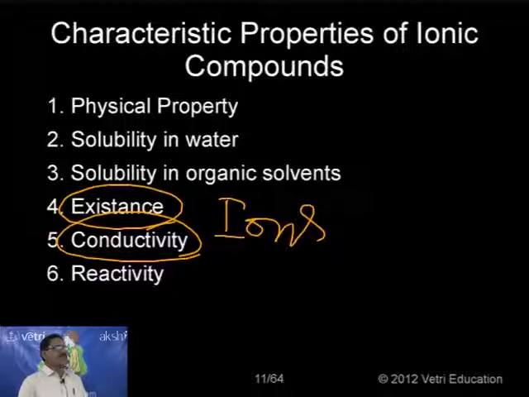There are different types of conductors: metallic conductors, electrolytic conductors, mixed conductors, and semiconductors. Conductivity may be due to electrons or due to ions. This comes under ionic conductors. So, let me generalize: ionic compounds are good conductors of heat and electricity.